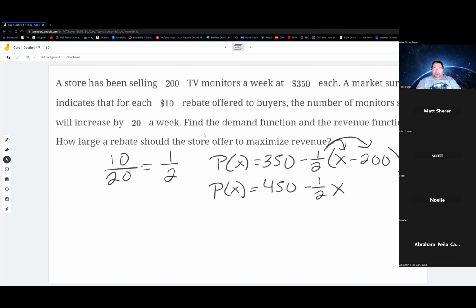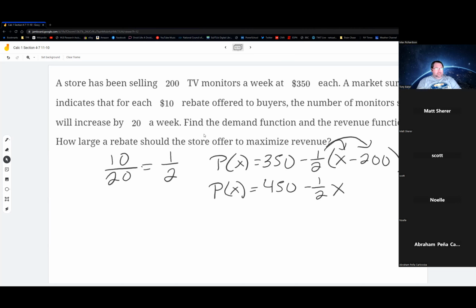What does X represent in this case? The amount of the rebate. Okay, so it's every dollar you're losing. Sorry, X is the number of TVs. I can't hear you.